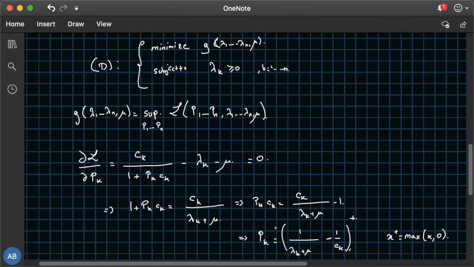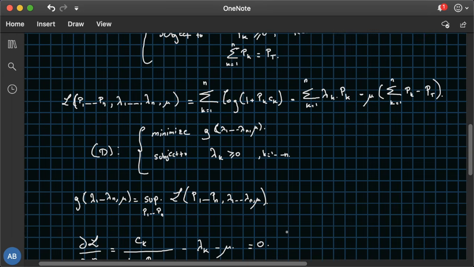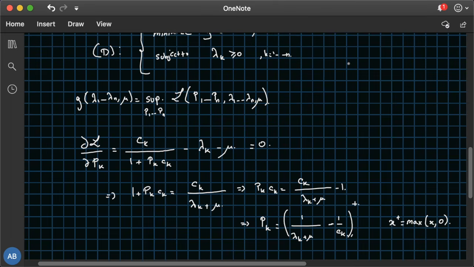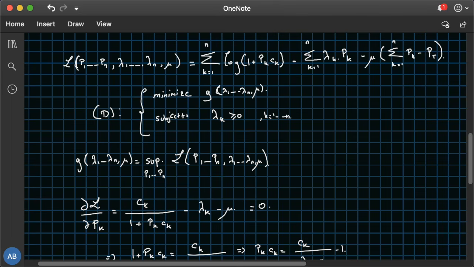Now since pk's are all positive, we can go back up here and do a small modification on the Lagrangian function. Since we guaranteed that our pk's are positive, thanks to this plus over here, we can just choose lambda k's to be anything that is positive.